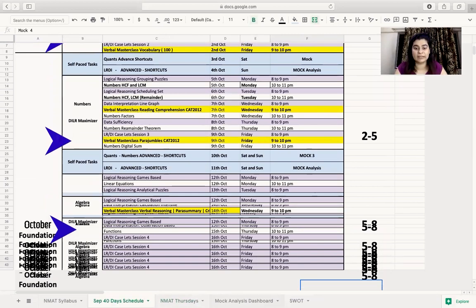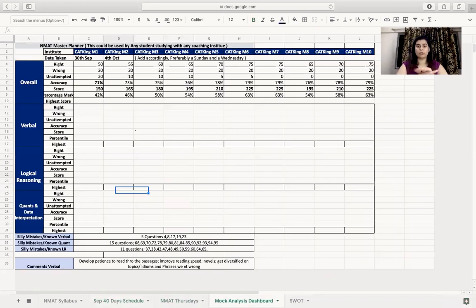Like that, we will make sure we focus on the entire syllabus module wise. In 40 days, you complete your entire syllabus, starting with DILR, then moving to quants, where we will do numbers, algebra, arithmetic, modern maths. Same sequence as what has been shown by NMAT by GMAC. We will follow the same approach.